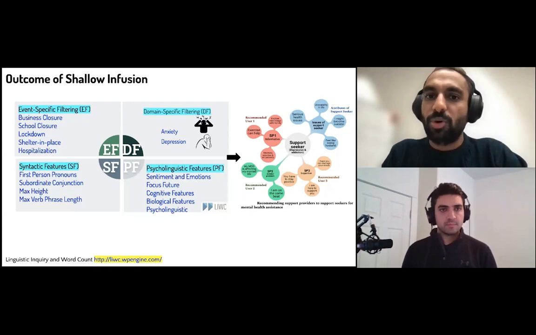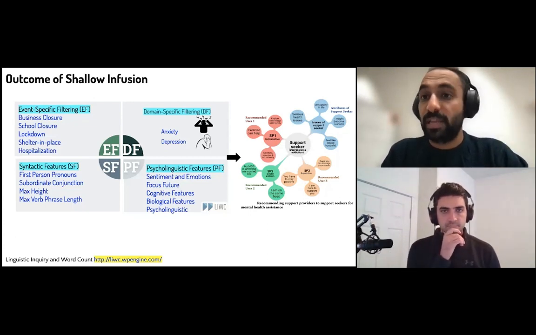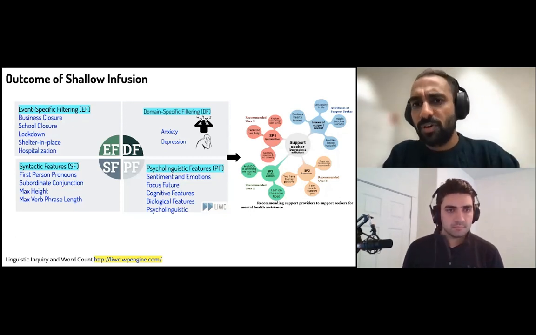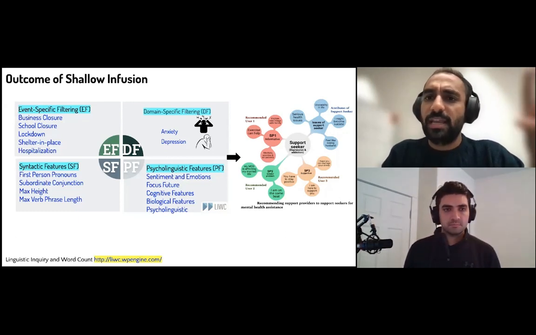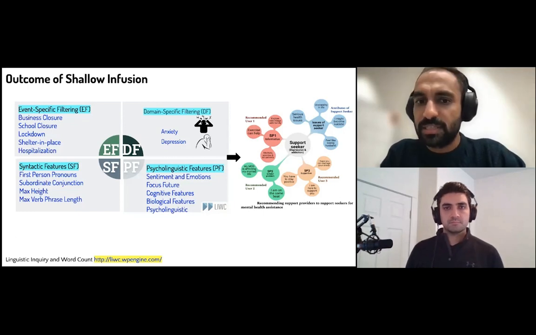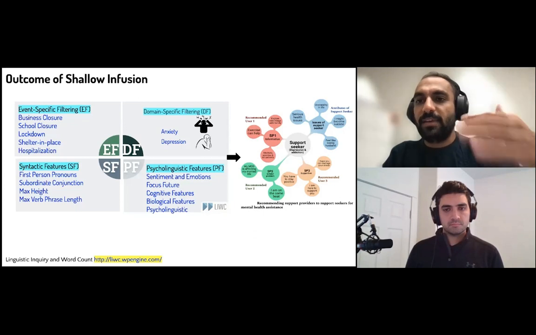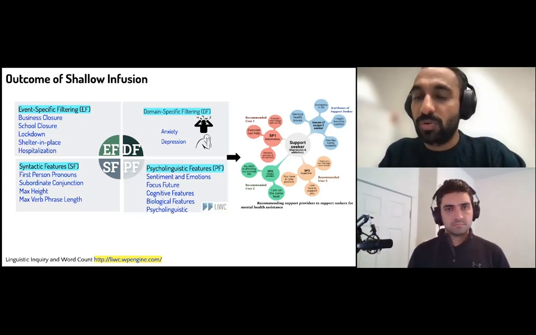They'll also look at domain-specific filters: what exactly depression is, how depression is manifested or expressed, how anxiety is being expressed. People also look at the syntactic features. If an annotator has a very good background in English, cognitive theories and psycholinguistics, then he might go into the details of the lower two sections of features. But definitely the first two columns are the features that a domain expert will look at.